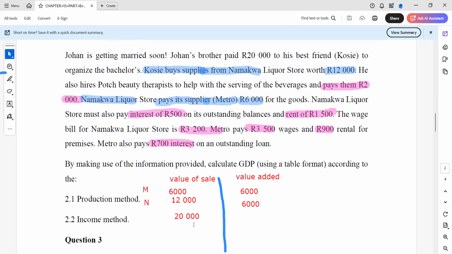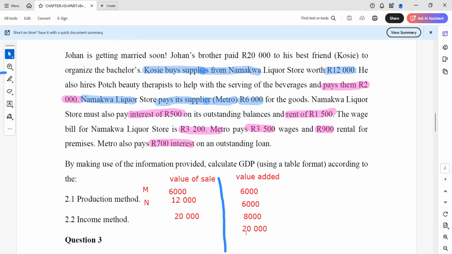So 20,000 minus 12,000, you're going to get 8,000. So the value added, if you add all of this together, you get the initial amount that Kosi was given in order to organize the bachelors for his brother, for Jonah.